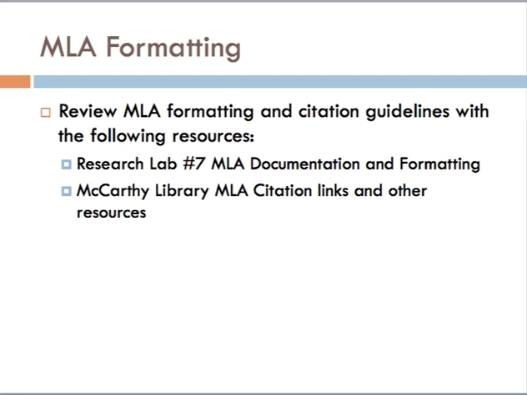So I want to see fully drafted an introduction, body sections that have subtitles and draw on at least 2 sources, a conclusion that is subtitled, body sections and conclusion all need to be drafted so that they're at least 1 to 3 pages long, and I want to see an MLA Works Cited page. So all of those things have to be in place in order for you to get credit for your rough draft when you turn it in for peer review.